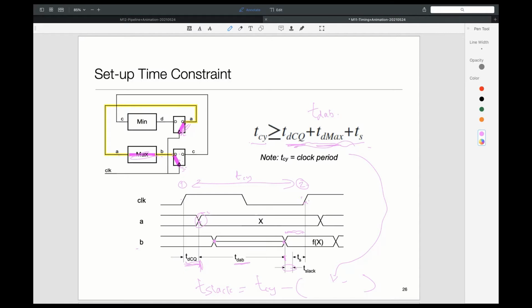So the right-hand side will become larger. And then you can respond to it by making TCY larger, in other words, slowing down the clock, which is why in modern computers, when things heat up, and even your fan is unable to keep up, then the CPU will slow down. It is called thermal throttling, okay? Thermal throttling.